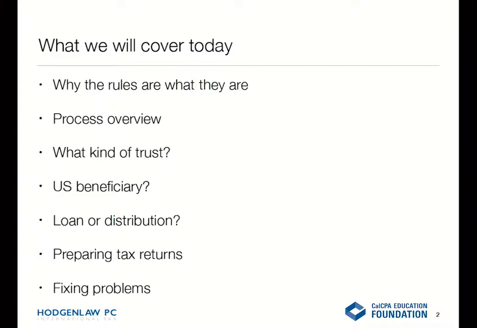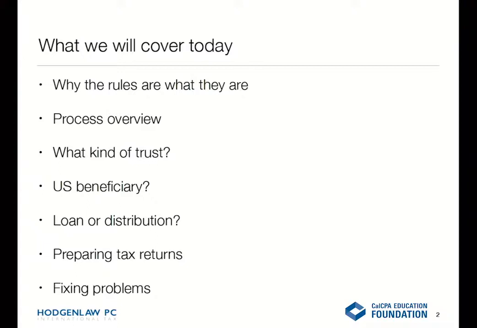As part of that, we're going to take a look at how do you know what kind of trust you have. So how do you know if you fall into these rules? How you know if you have a U.S. beneficiary. And sometimes, you have to include transactions with related parties. So we'll take a look a little bit about that.